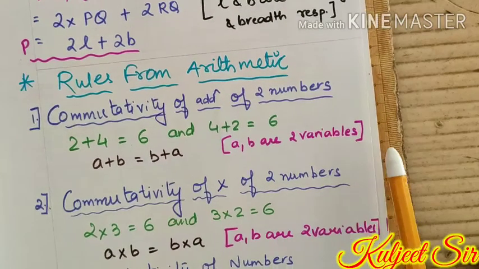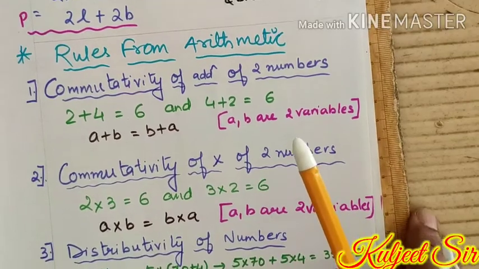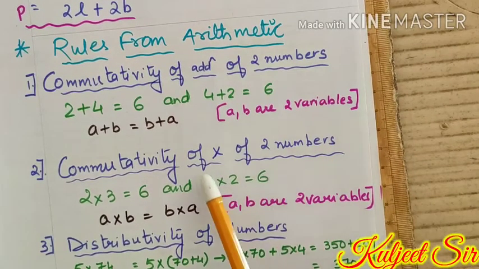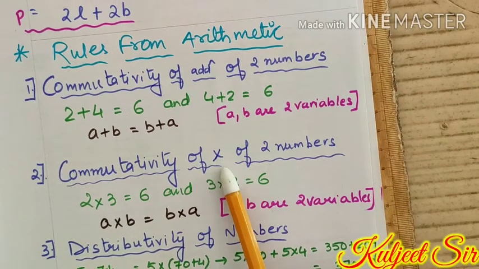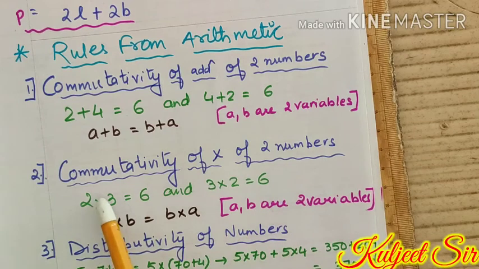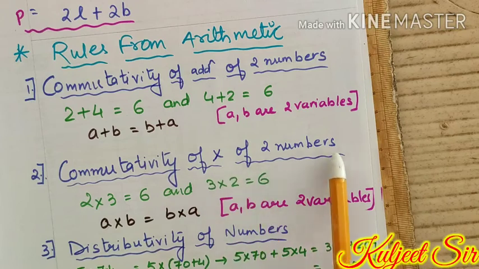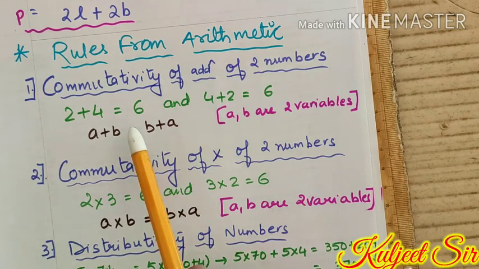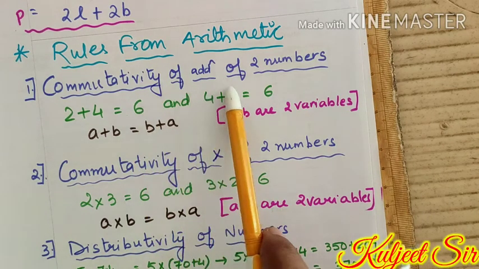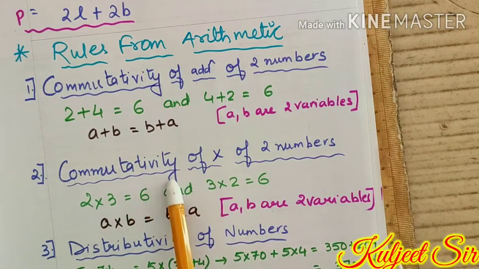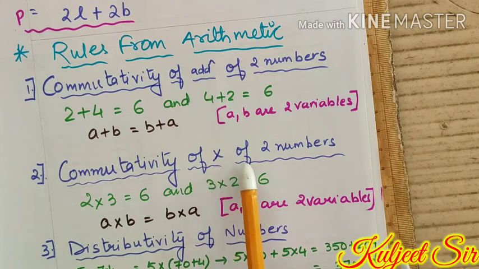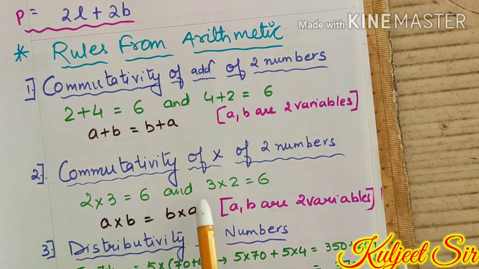Then we talk about the commutativity of multiplication of 2 numbers. First we took the commutativity of addition, now it is the commutativity of multiplication. 2 into 3 will give you 6, and 3 into 2 will also give you 6.